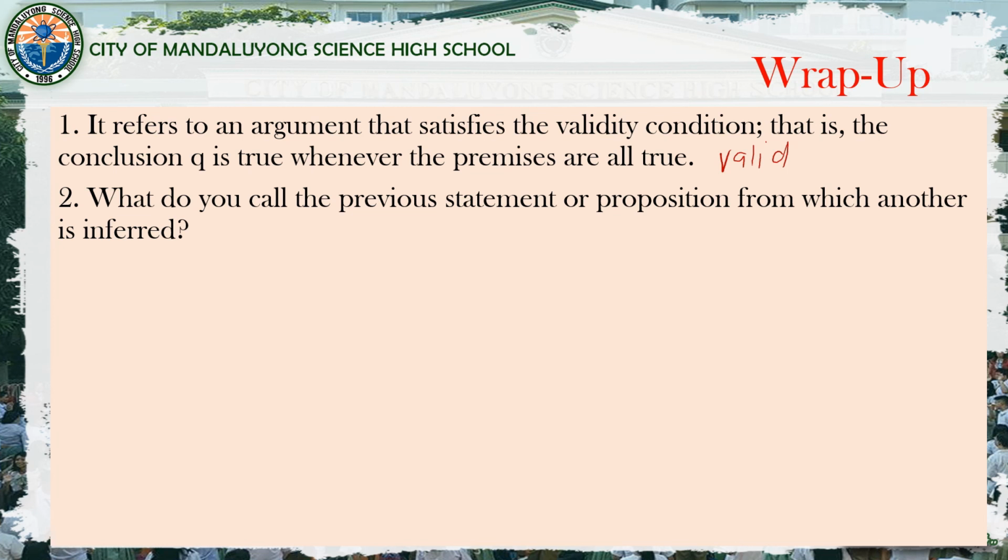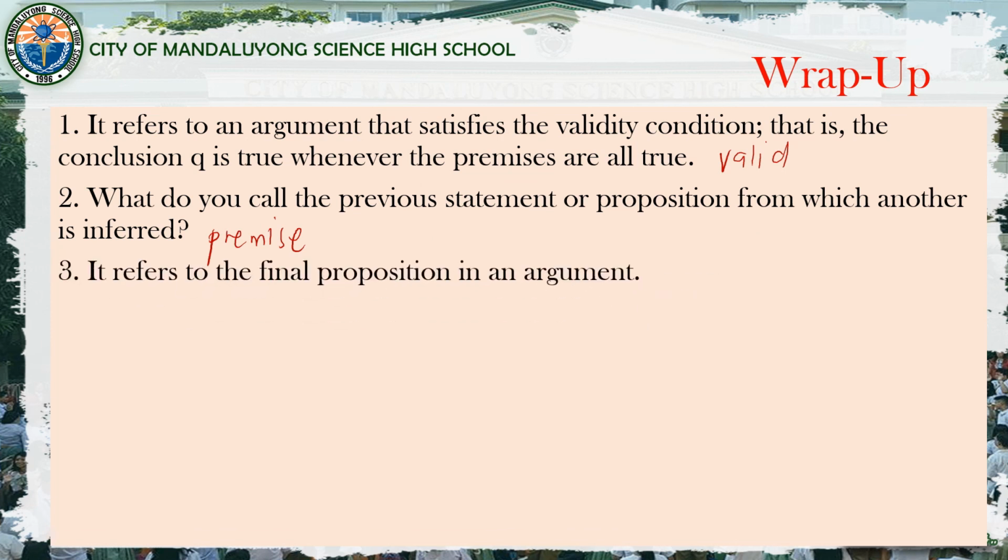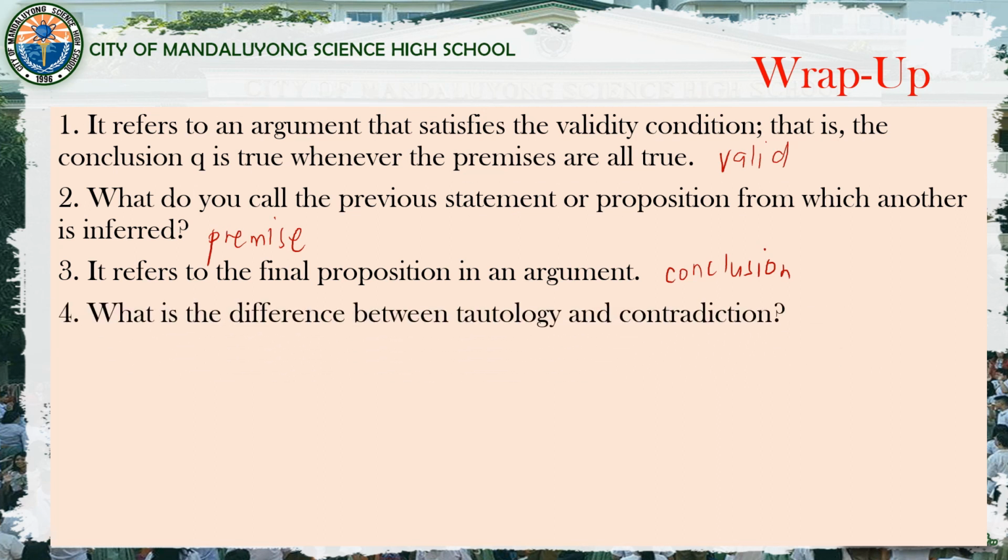Pangalawa, what do you call the previous statement or proposition from which another is inferred? Very good. Ang tawag doon ay premise. Mahusay. Okay, pangatlo, it refers to the final proposition in an argument. Tama, conclusion or consequent. Pang-apat, what is the difference between tautology and contradiction?